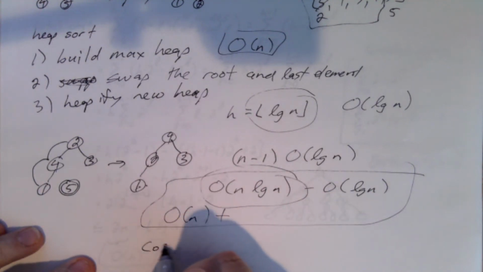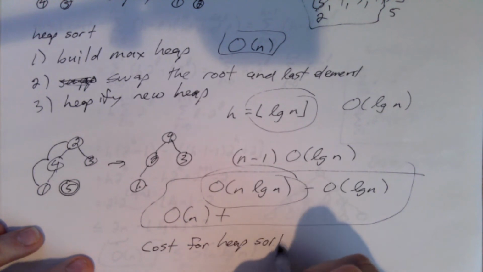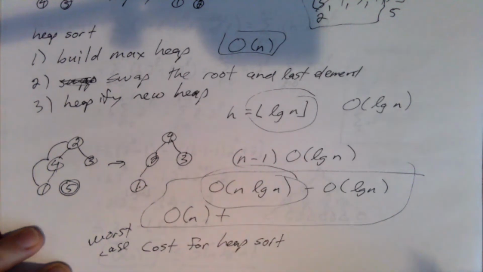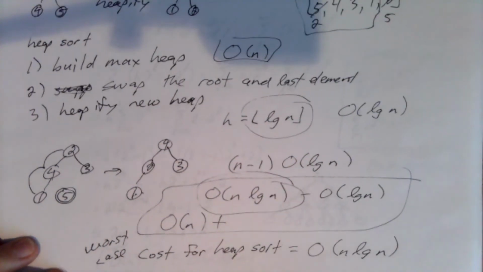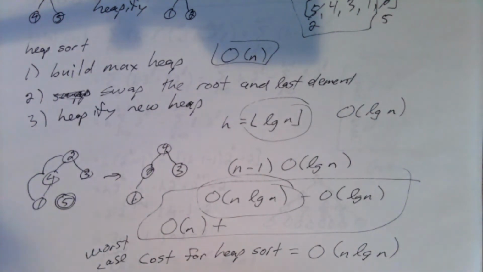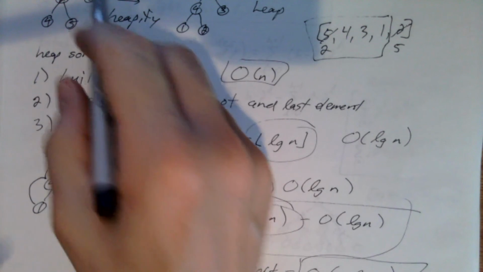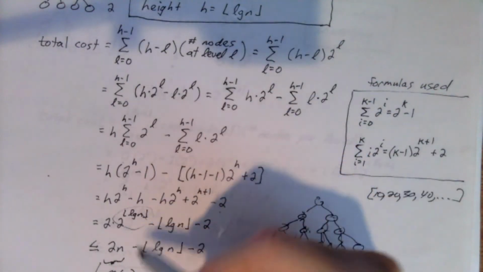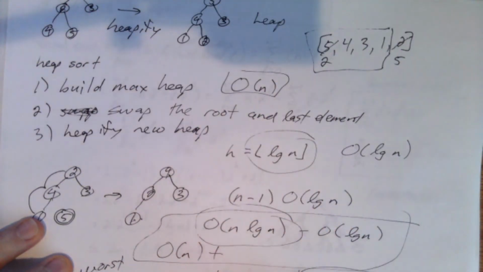So the cost for heap sort, worst case, is big O of n log n. So that's the answer in terms of the analysis of how it works, and as we showed here, this is why we choose this approach.